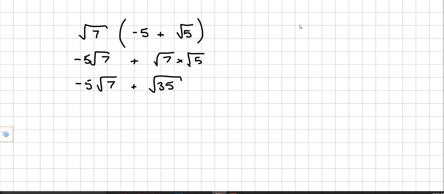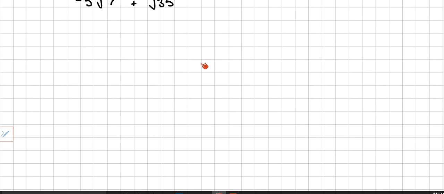Now, if you did a different question, let me just make something up off the top of my head. If I said 3 plus root 2 to the power of 3. That's a binomial expansion, because I've got 2 parts within the brackets.